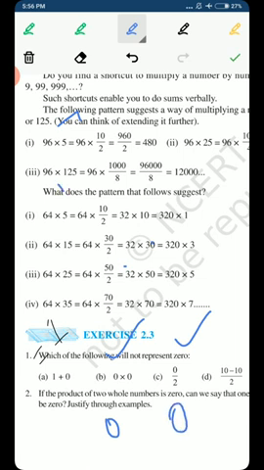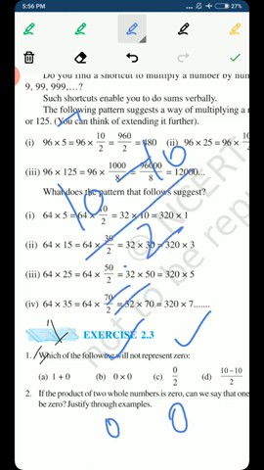Then in part D, we have 10 minus 10 upon 2. 10 minus 10 means 0, and 0 divided by 2 is always 0, because of the rule that whenever you multiply 0 with any number, or divide 0 by any other number, the answer is always 0. And when 0 is added to any other number, it doesn't affect the number. The answer is again that number to which we have added 0.